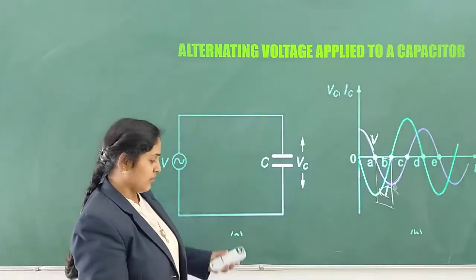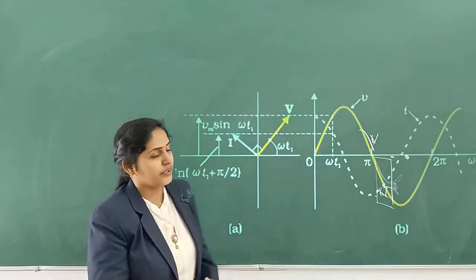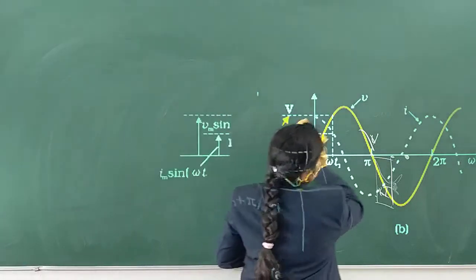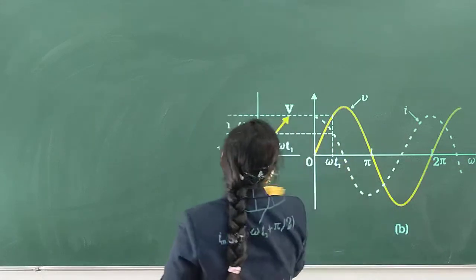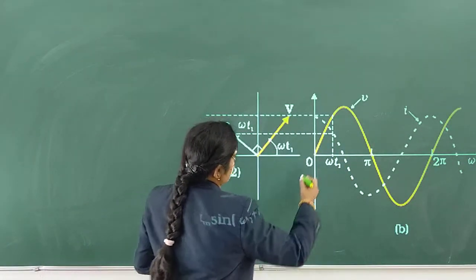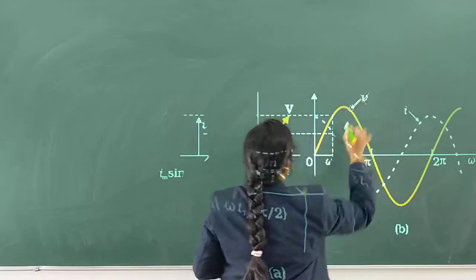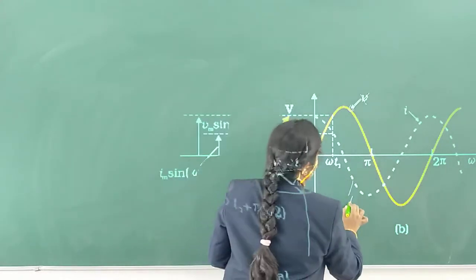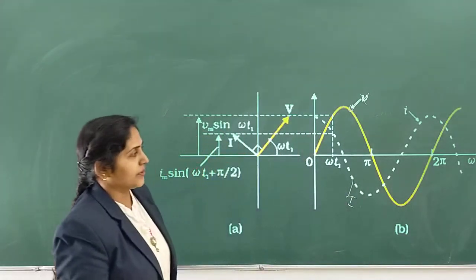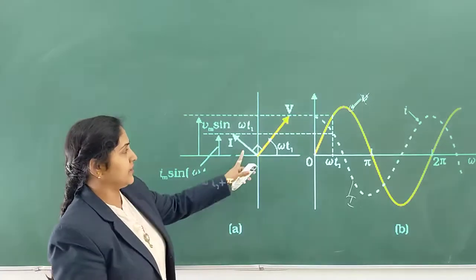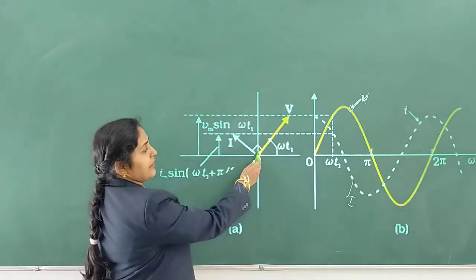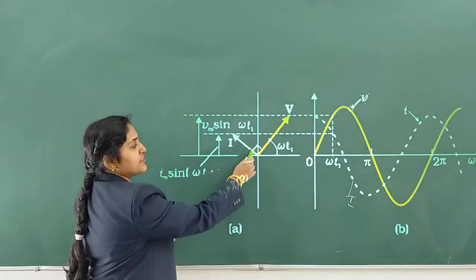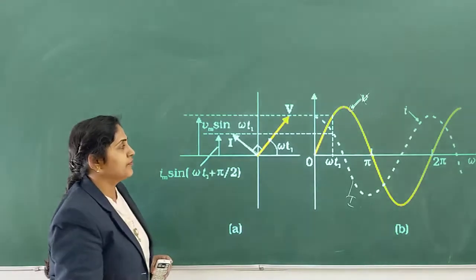I'll provide you one more figure. This is the voltage wave, and the dotted wave indicates the current wave. This arrow indicates the direction of voltage, and this arrow indicates the direction of current.